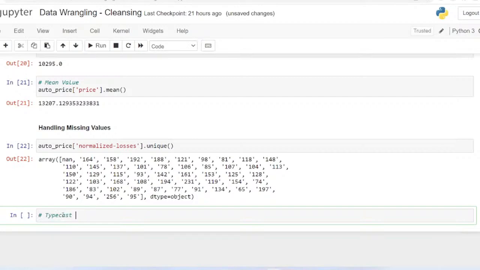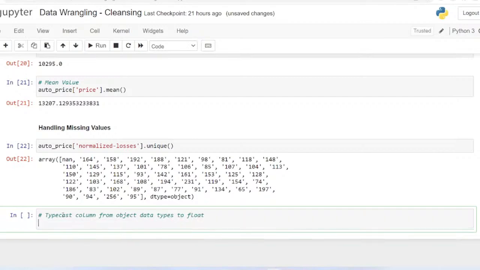I kept this so that I can teach you them separately. So typecast a column from object data type to float or to integer, let's say. We take here auto underscore price and my column name is normalized losses.